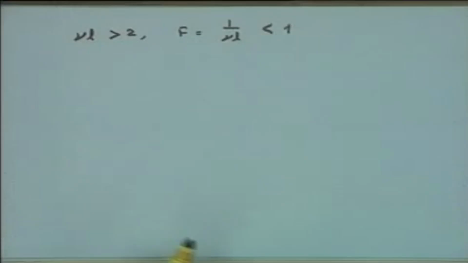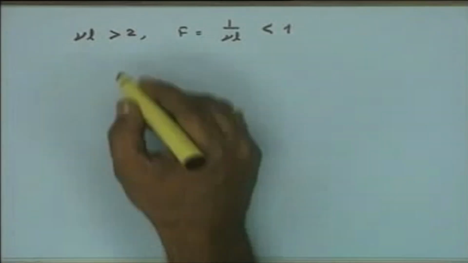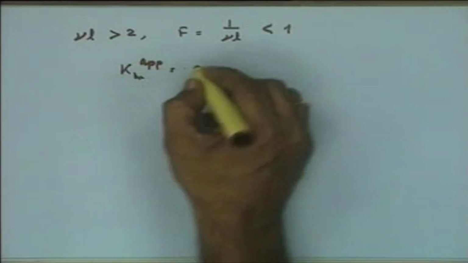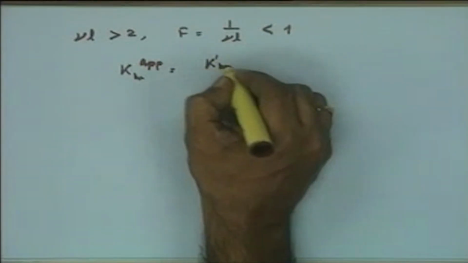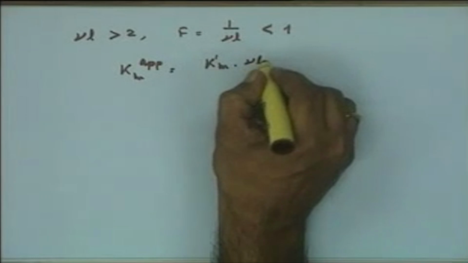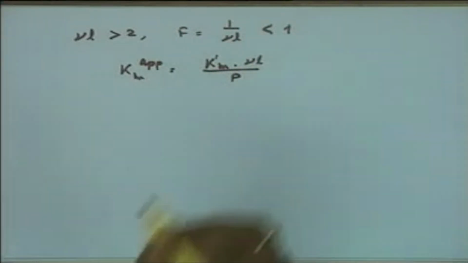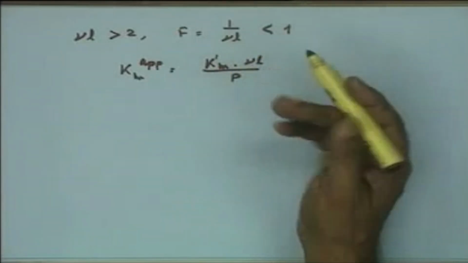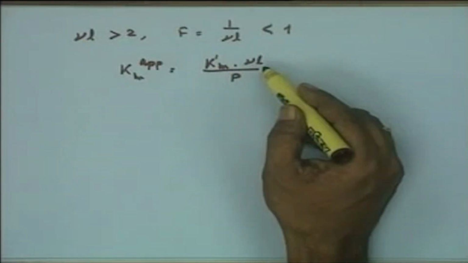When gamma L magnitude is greater than 2, you can safely take that the reaction is diffusionally limited, and your Km apparent is equal to, as I mentioned, K dash m into gamma L upon P, and therefore Km apparent increases by a magnitude gamma L.